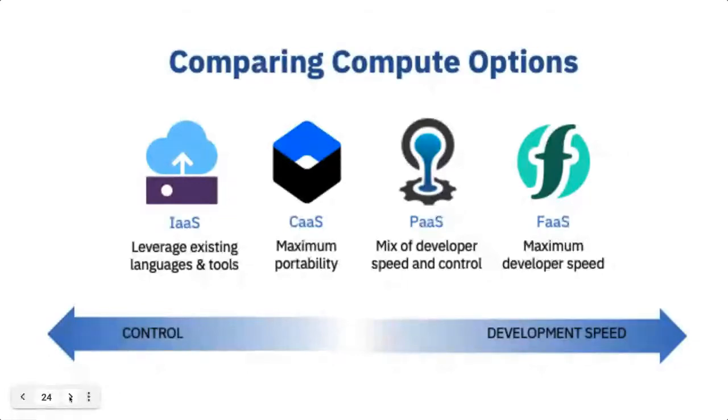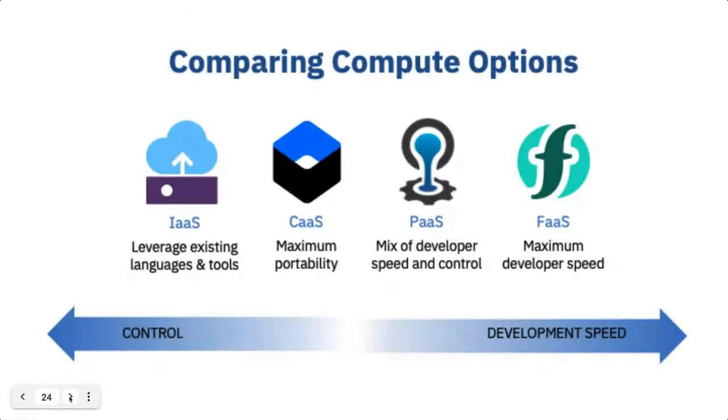This is going to leverage existing languages and tools. Think of your VMs, your virtual machines. Then we have CaaS, or container as a service. Think of your Kubernetes containers. This is going to give you maximum portability.